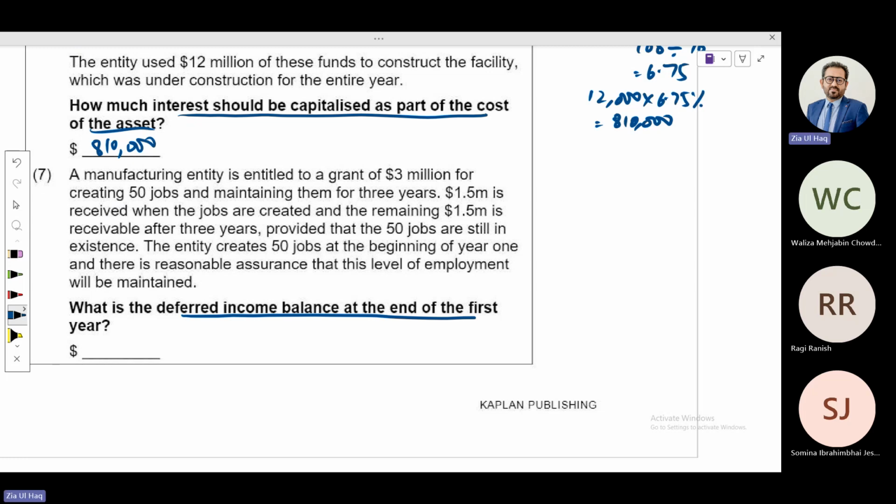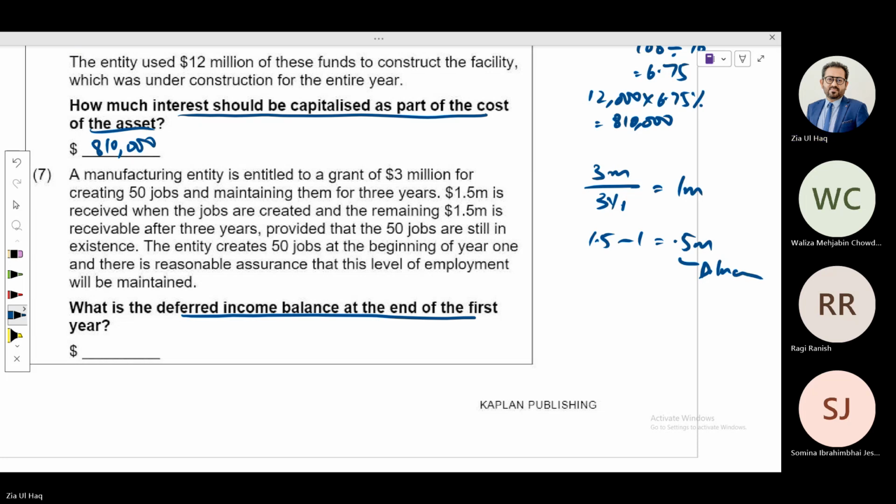So out of 3 million for 3 years, every year the amount should be 1 million.